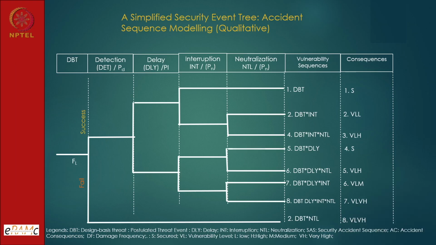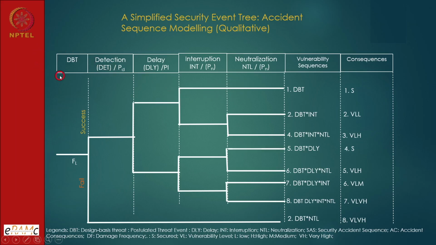This is simplified, just for the sake of discussion, you can call it a hypothetical event tree also. First thing, I have kept it qualitative, because if the data is available, if PD, PDLY, PI, PN are available, then we can quantify it. It should be PI here, for interruption.